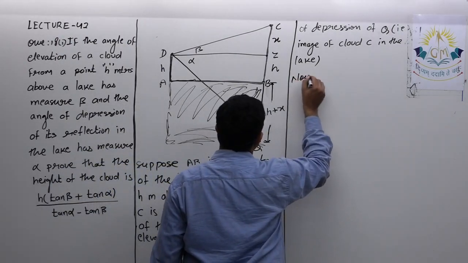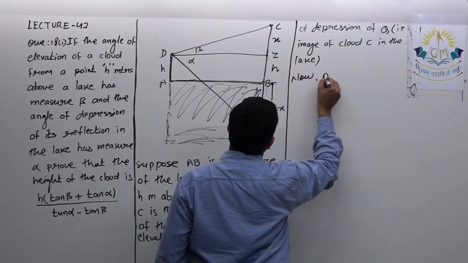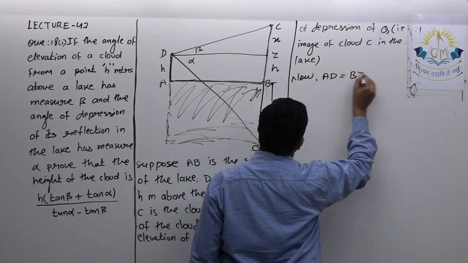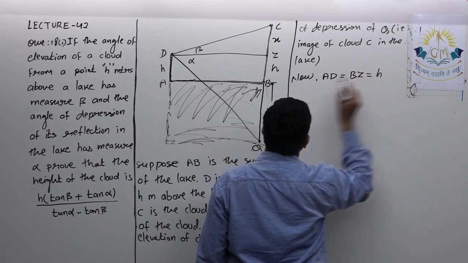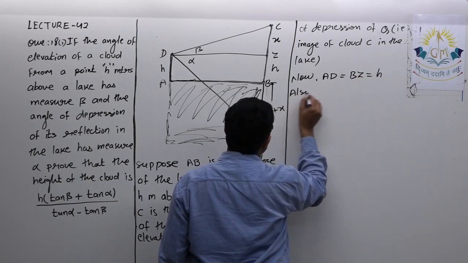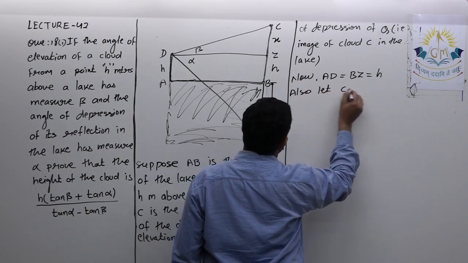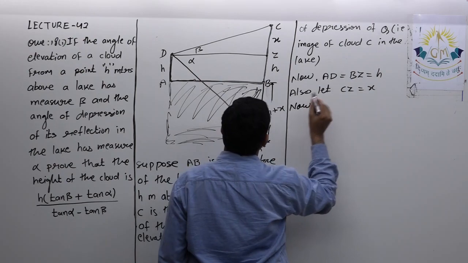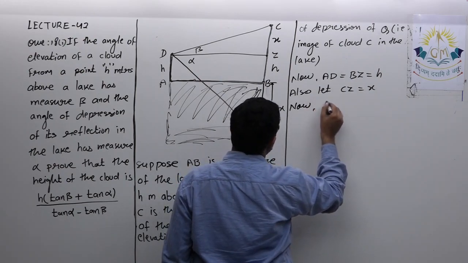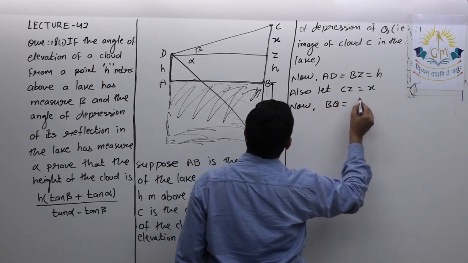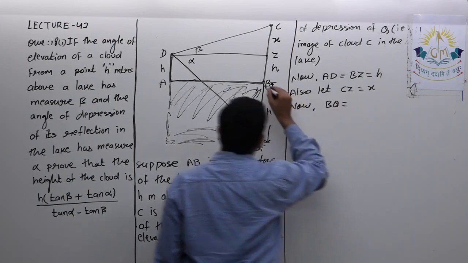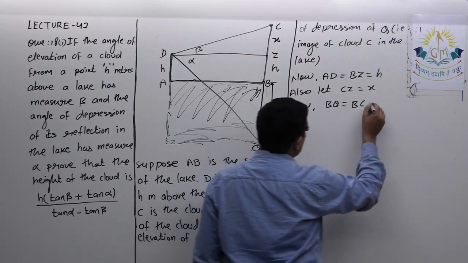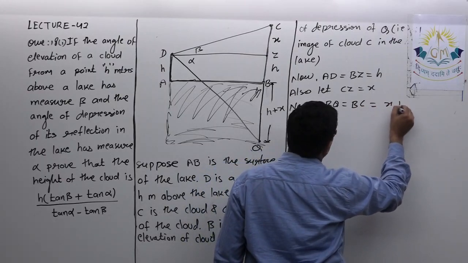Now AD is equal to BZ is equal to h. Also let CZ be equal to x. Now BQ is equal to CB. This BQ must be equal to BC, that is equal to x plus h.